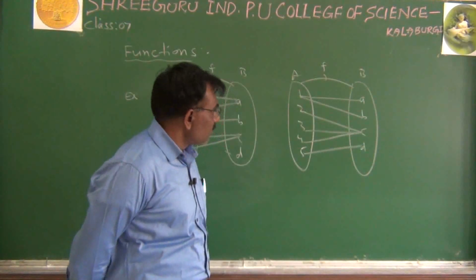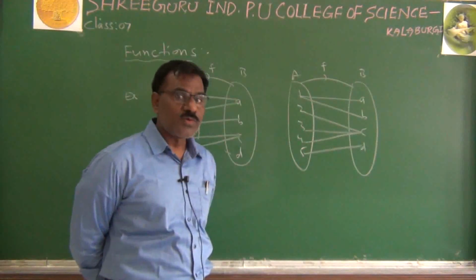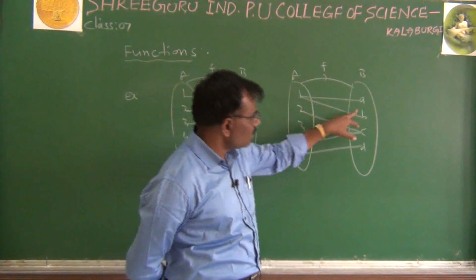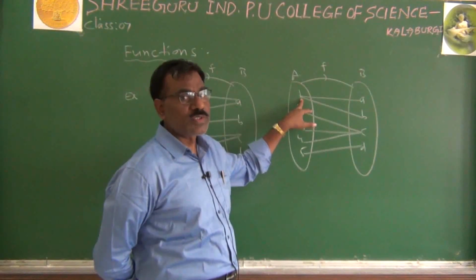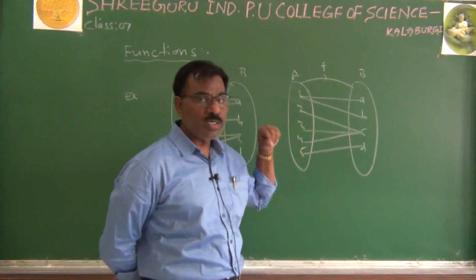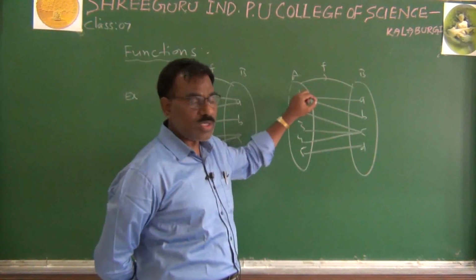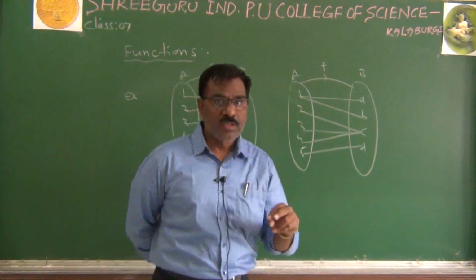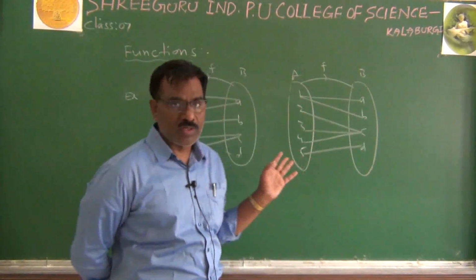Why is it not a function? 1 belongs to set A, but 1 is associated to two elements, A and B. This is not a unique associated element. So 1 goes to A, 1 goes to B. So these are not unique elements in the set B. So this is not a function because 1 is associated with two images, A and B.